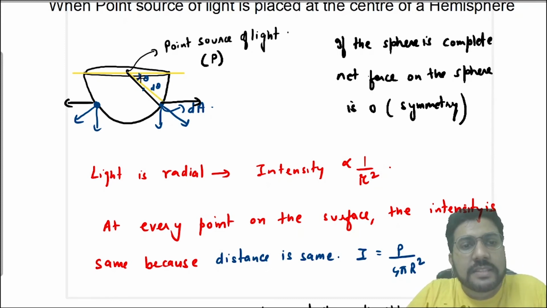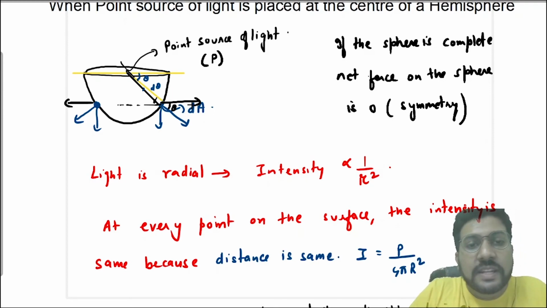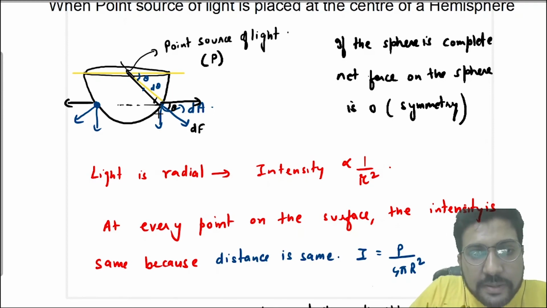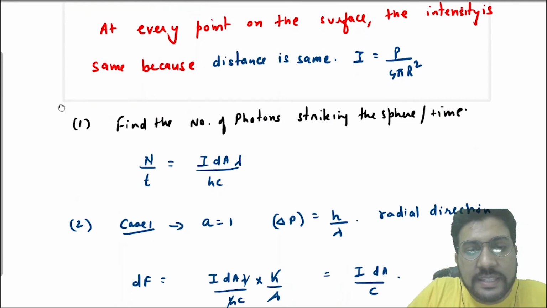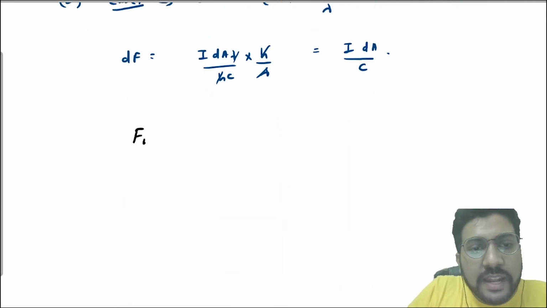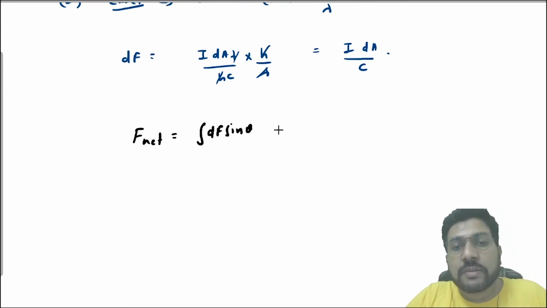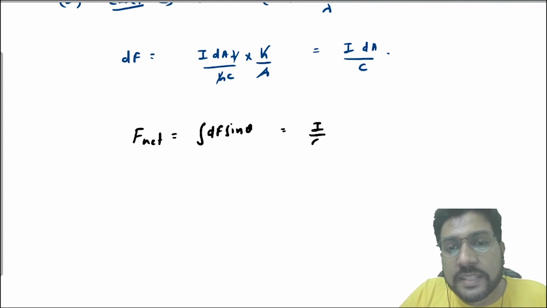So that means if this angle is theta, this angle is also theta, this angle is also theta, that means we need dF sine theta only. So I will write F net is equal to integration dF sine theta, because the cos theta component will get cancelled out. So from this you will get I by c integration dA sine theta.